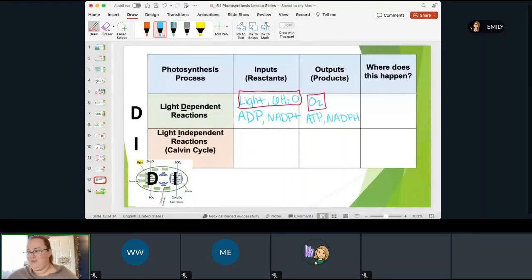I don't know where I got potatoes. So this happens in the grana, or you could also say the thylakoid. But this takes place in those pancakes. So I'll even write that up here for you. Stack of pancakes.